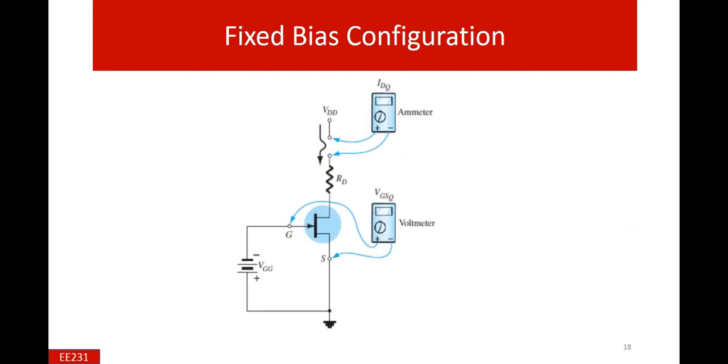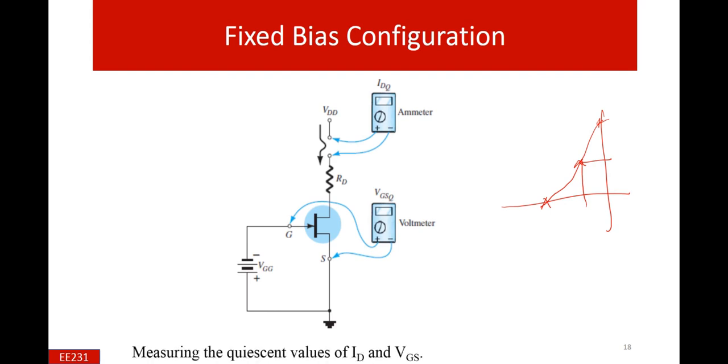So the Q point, which is discussed here, lies between these extreme points, and for example this is the Q point. The corresponding values at the Q point can be found directly by using an ammeter and a voltmeter. The drain current can be found through the ammeter, which is connected in series, and the voltage across the gate and source terminals directly through the voltmeter.